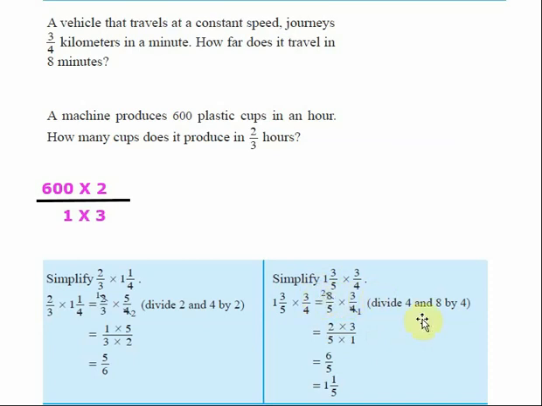So 2 into 3 is 6. Then down you get 5 into 1, which is 5. 6 over 5. This is in improper format. So you can write it as a mixed number. So here 6 divided by 5, how many 5s are there in 6? Only 1. Then if 5 goes from here, only 1 remaining. So 1 over 5.